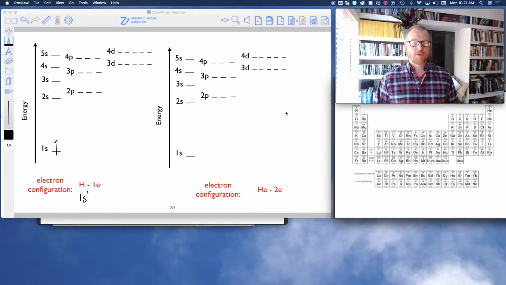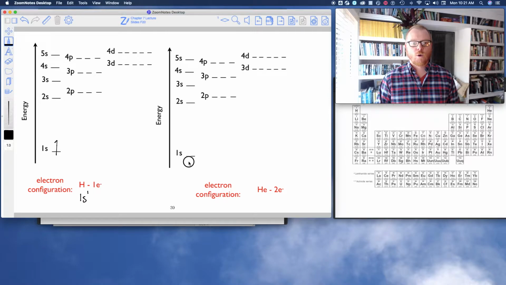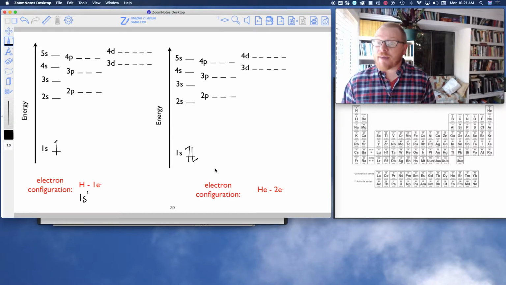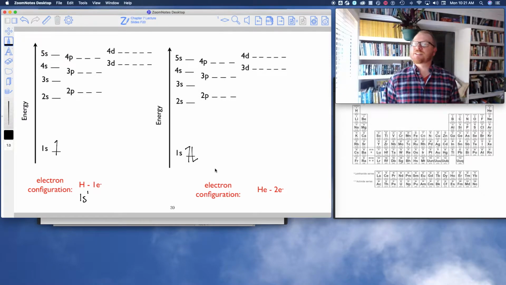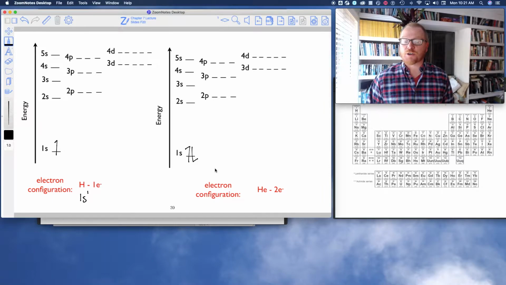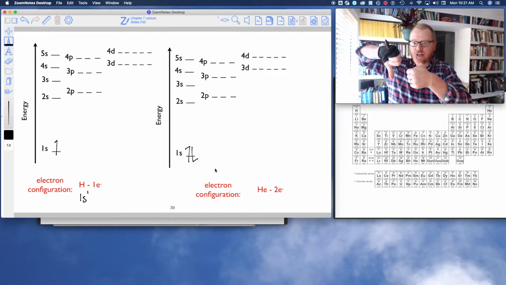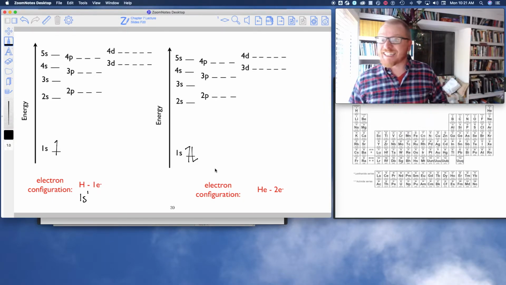So what about helium? Helium's next, one more over. Helium has 2 electrons, so how do I populate them in this diagram? I go 1, 2, and now that makes an electron pair. This is why helium is a noble gas, because as it turns out, paired up electrons are really stable.